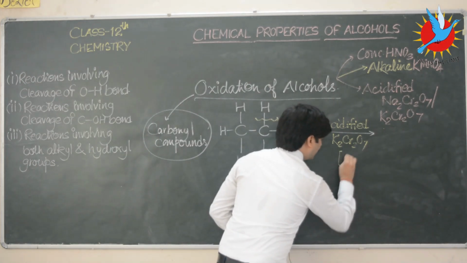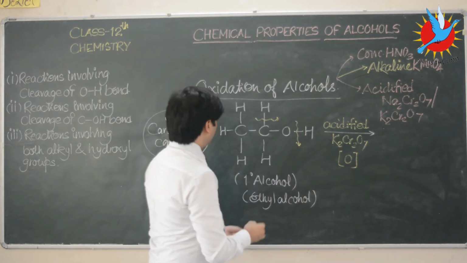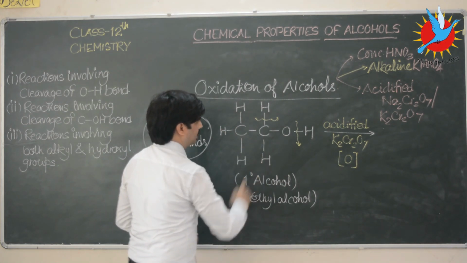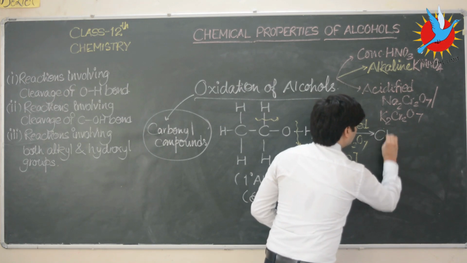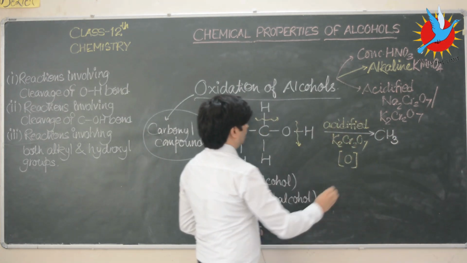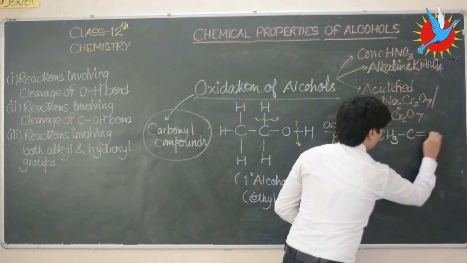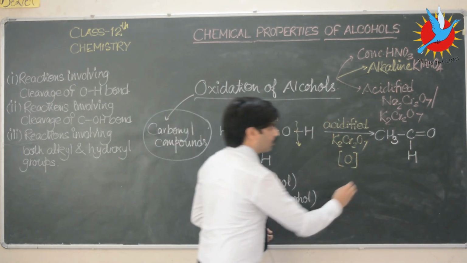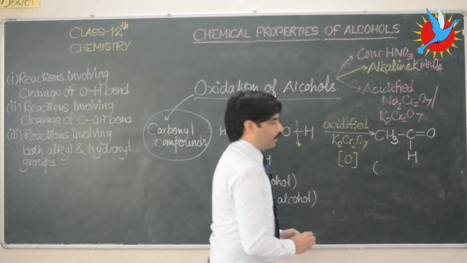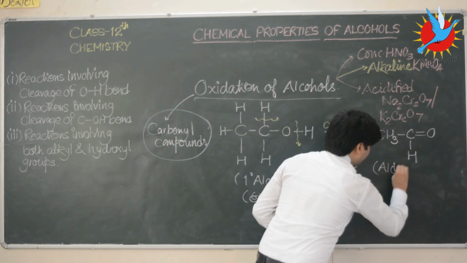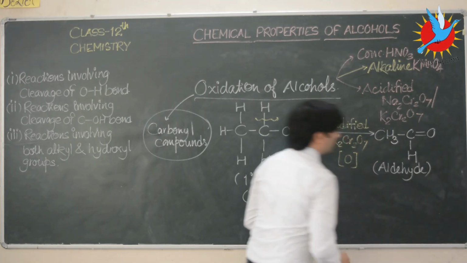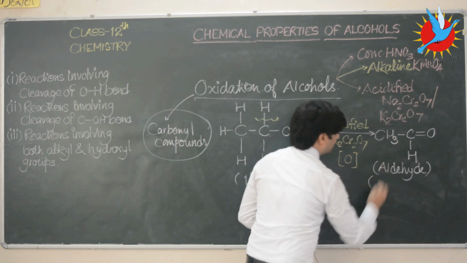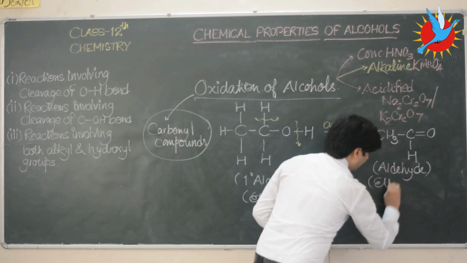Upon oxidation, it will form CH3CHO, a type of carbonyl compound, which is an aldehyde, and the IUPAC name of this aldehyde is ethanal.